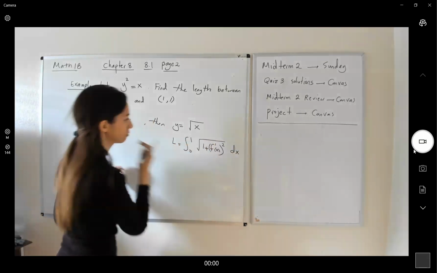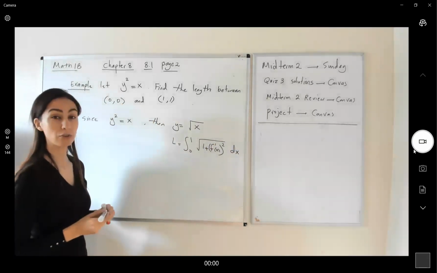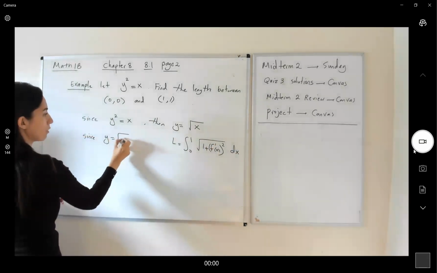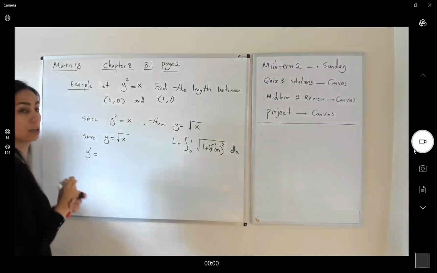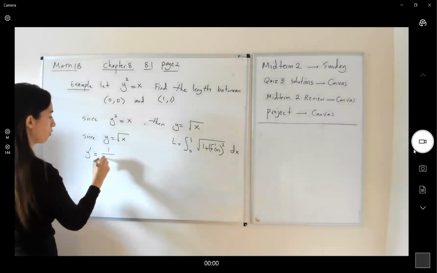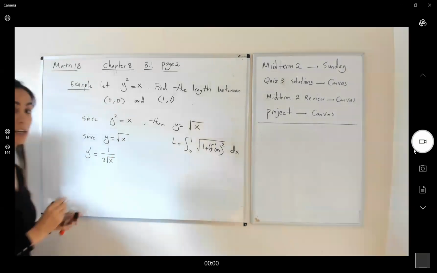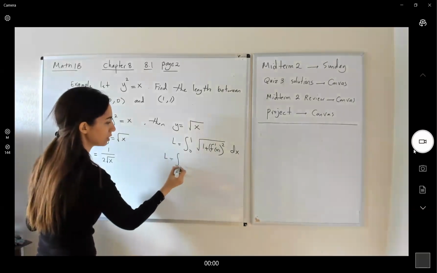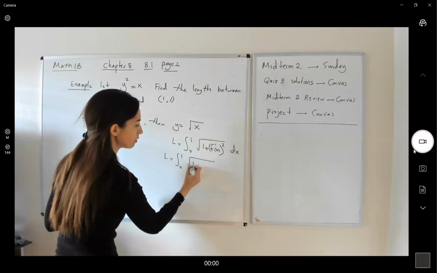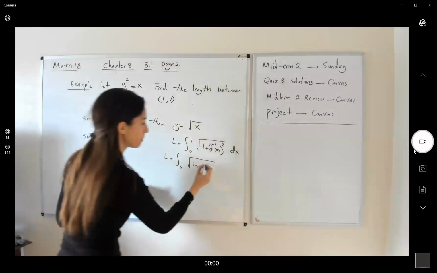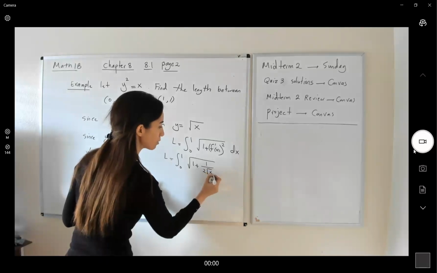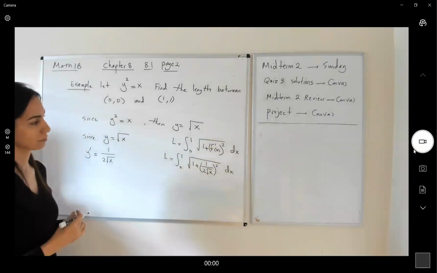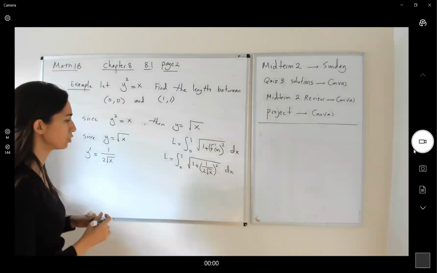Since y is the square root of x, the derivative of the function is equal to 1 over 2 times the square root of x. Let's plug that in. Your L is equal to the integral from 0 to 1 of the square root of 1 plus (1 over 2 times the square root of x) raised to the second power, dx.